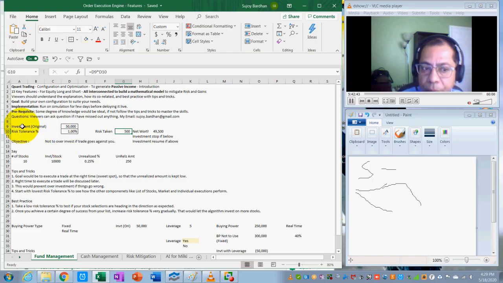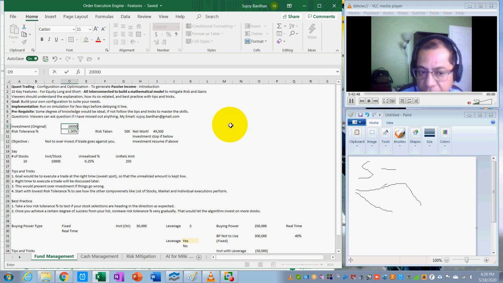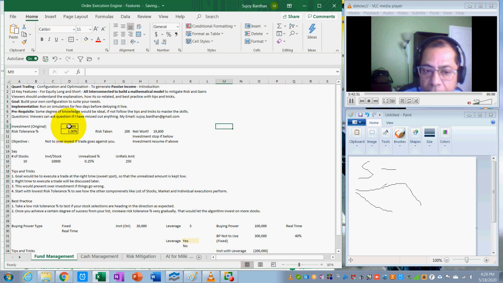So if you are looking at an investment of $20,000, and you say that out of this $20,000 I am okay with up to $200 risk, you're telling the algorithm that I'll be taking a risk of only 1%, because risk is a component which you have to let the mathematical model know, at what point the algorithm will put brakes for you. This is exactly what you're trying to tell it.